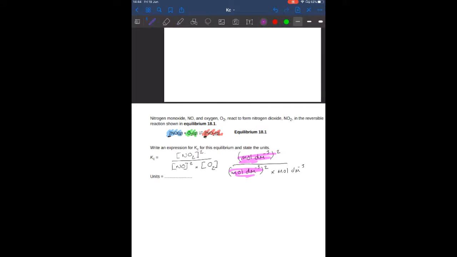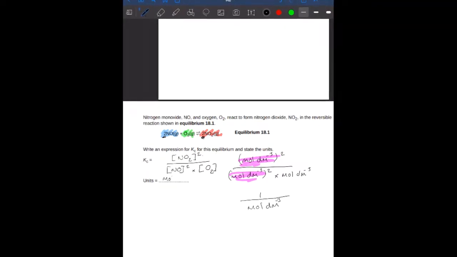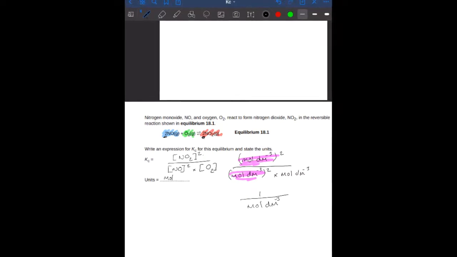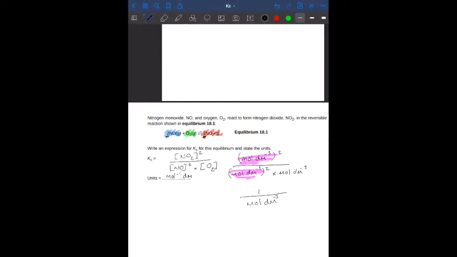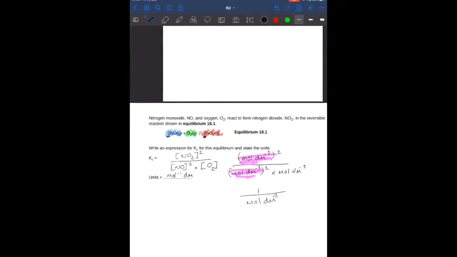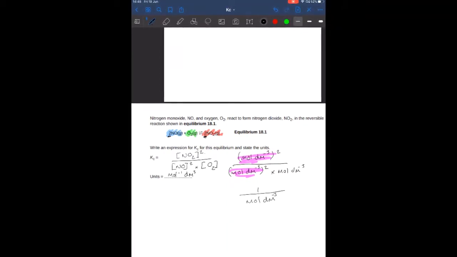So we end up with 1 over moles per decimeter cubed. Moles to the minus 1 dm to the 3. There we go.